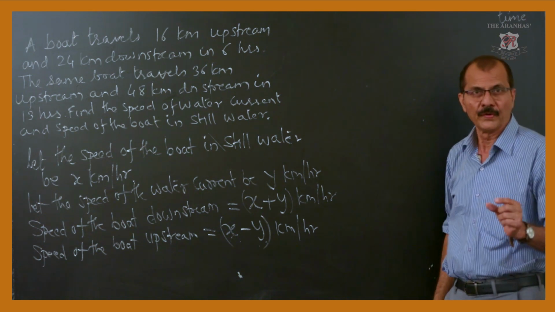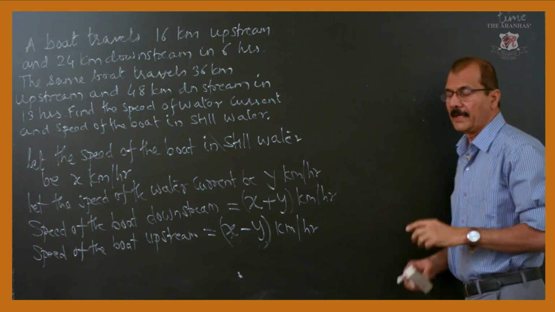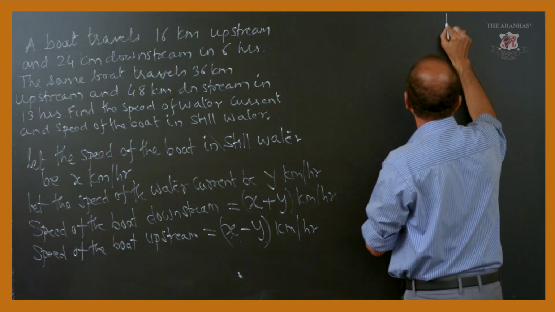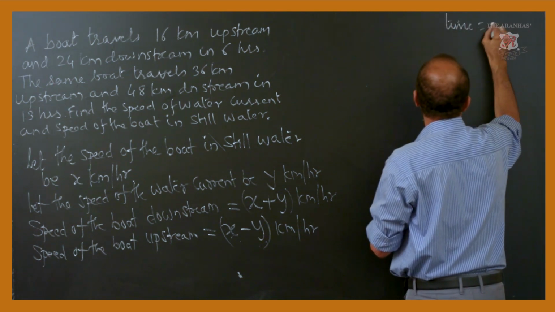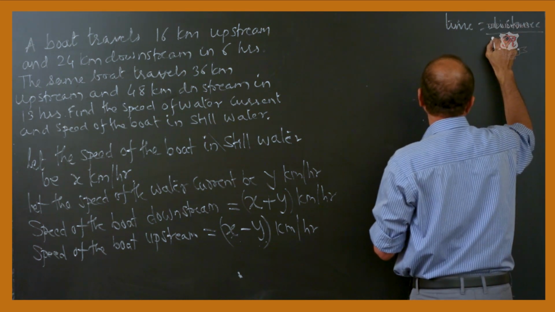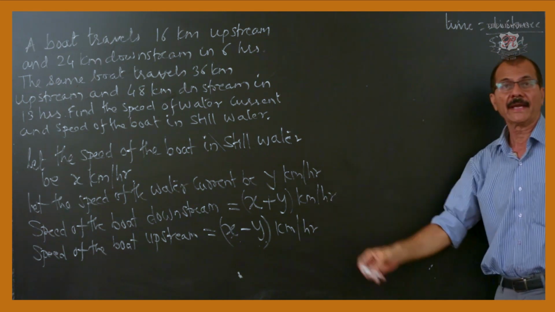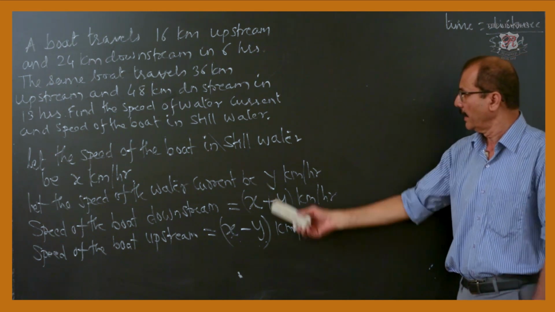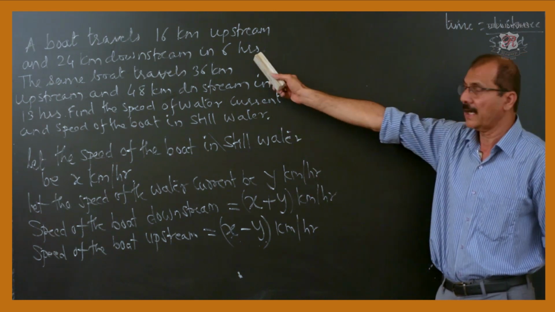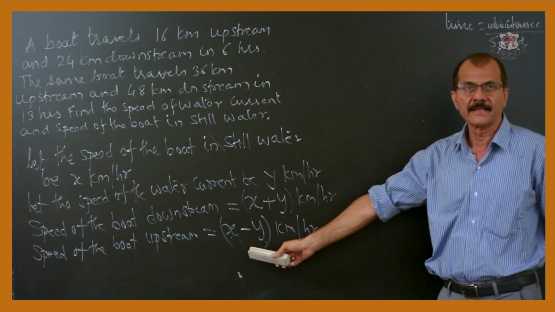If you know this formula, time is equal to distance upon speed, then you can easily tell me what will be the time taken by the boat to travel 16 kilometer upstream with the speed x minus y.